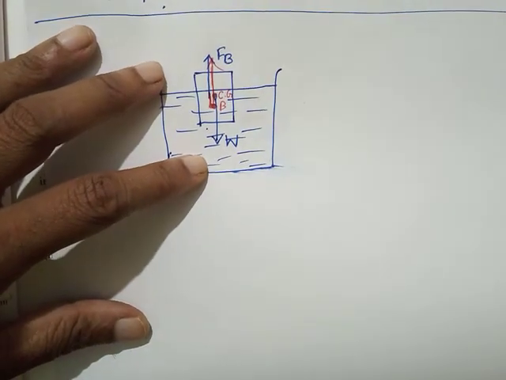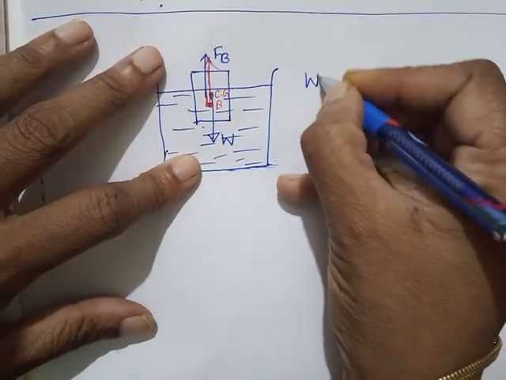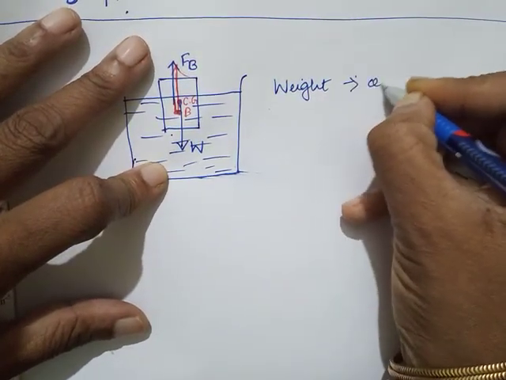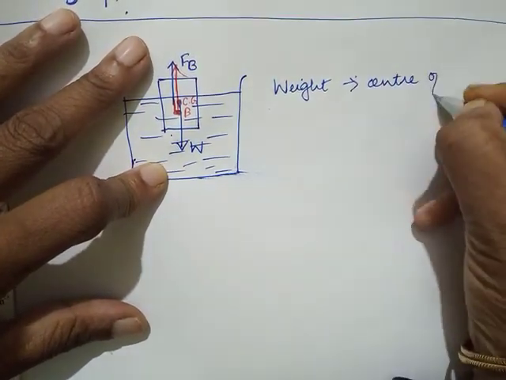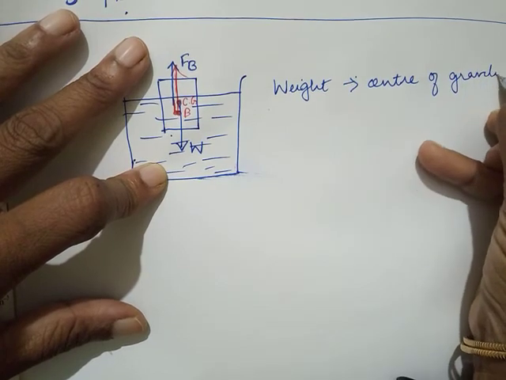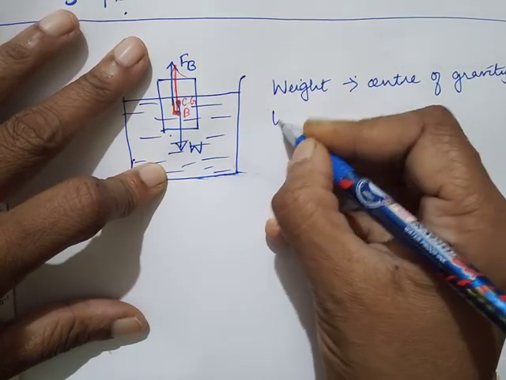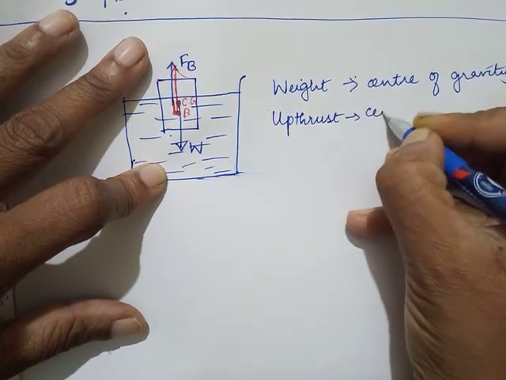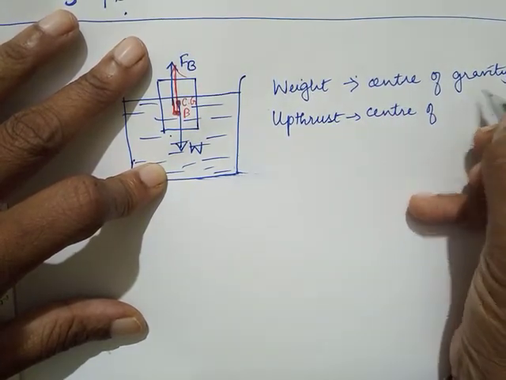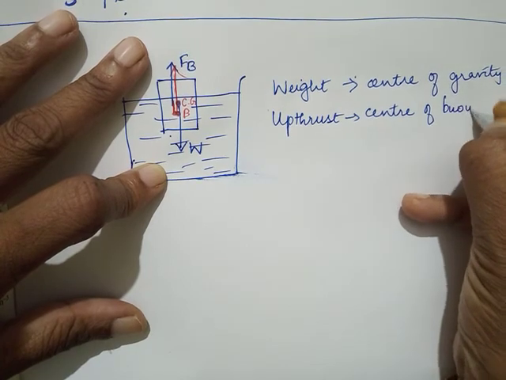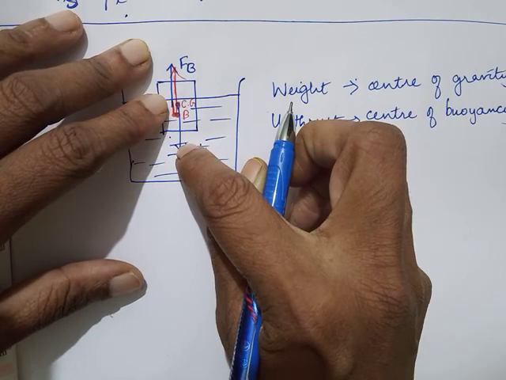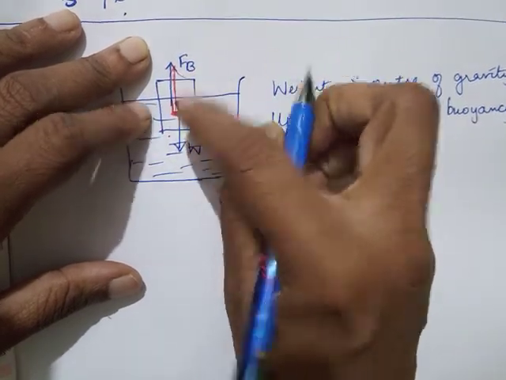So weight will act from center of gravity, and upthrust will act from center of buoyancy. Now, center of gravity, you all know, right? It is the point where the entire weight of the body seems to act.